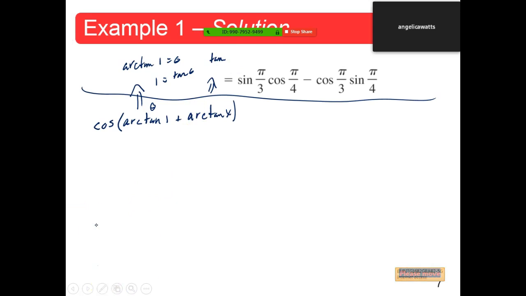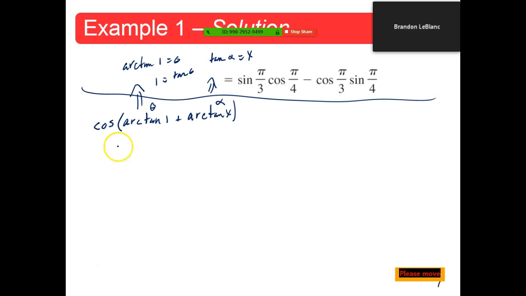I used theta before. Alpha, okay? The tangent of alpha is equal to x, right? So basically this represents the angle alpha, that represents the angle theta.